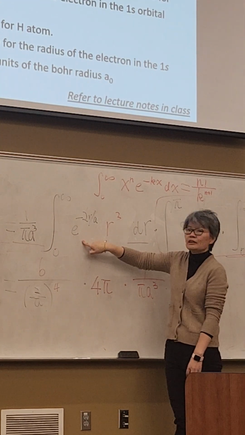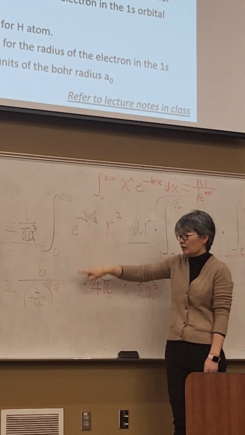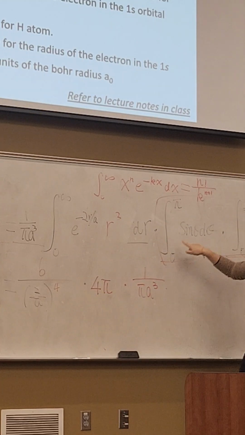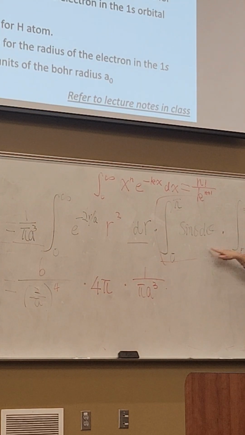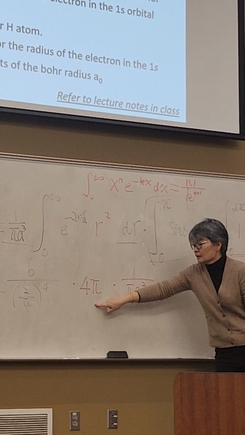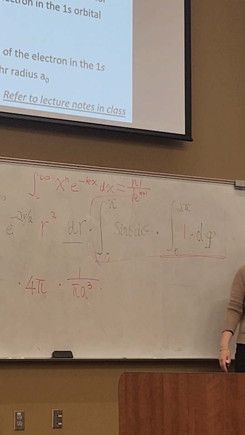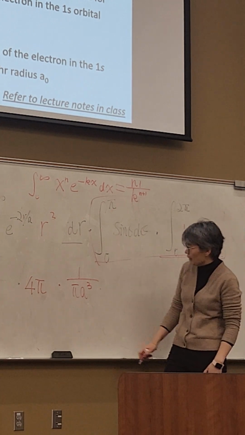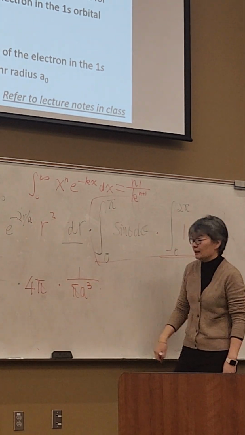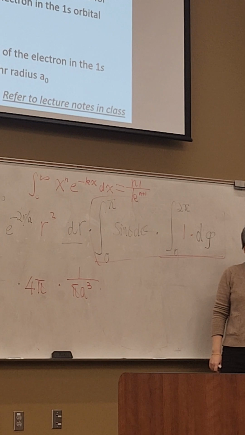First integral, single integral regarding the radius, that is the value, and the product of two integrals with the angle is 4 pi. Okay, after this it becomes algebra, right?